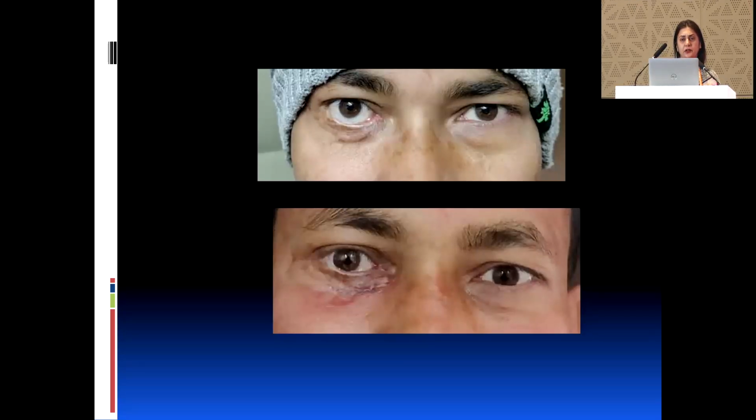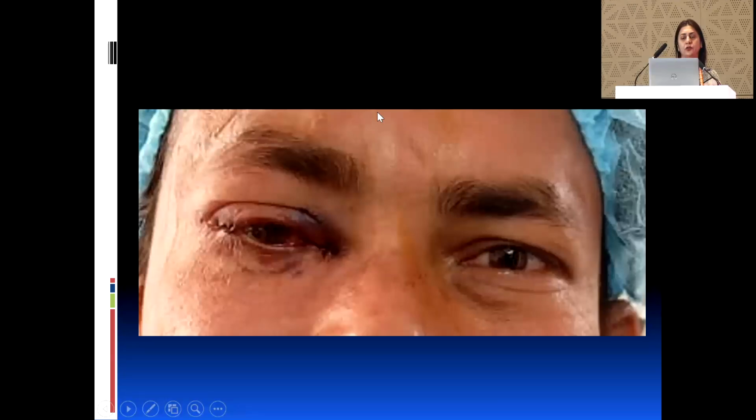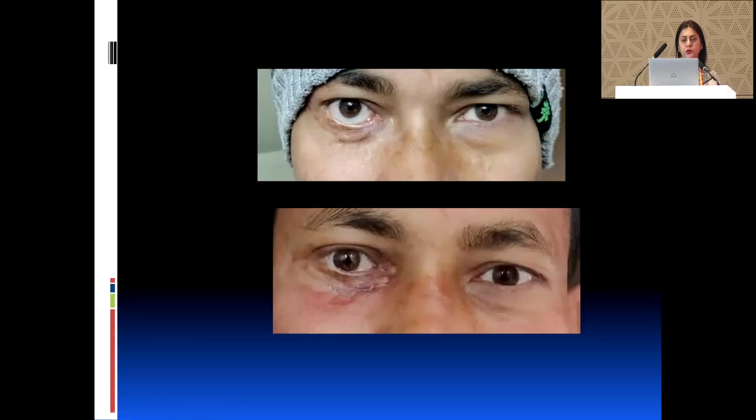But because there was tension in the sutures, it gaped open again. So this was after the 5th surgery. And if you see again, this is on the table, he looks nice. But then I have given a graft here so that there is no tension. And this is after 3 months.